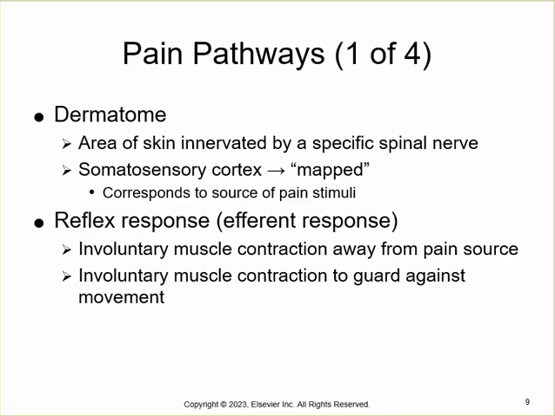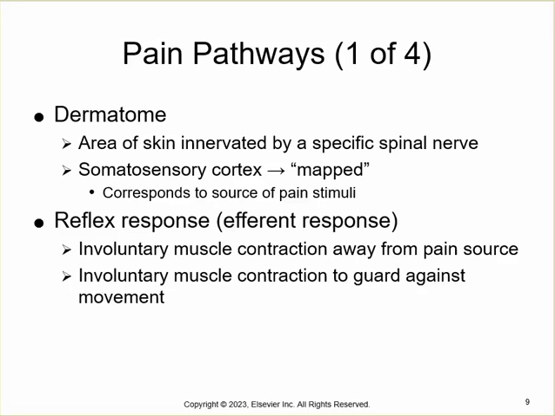And it can happen anywhere along that dermatome. So sometimes a problem right at the vertebrae will manifest and feel like pain that is in your thumb, for instance, because that's where the nerve goes.